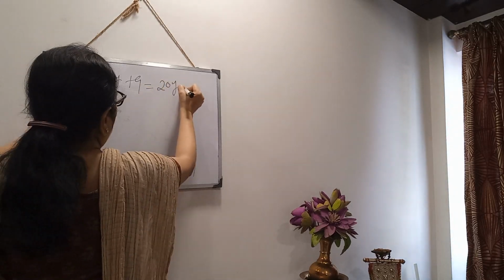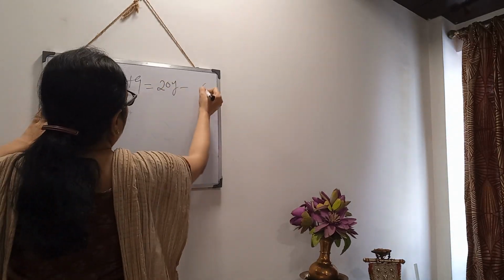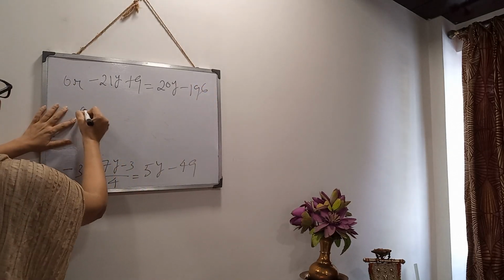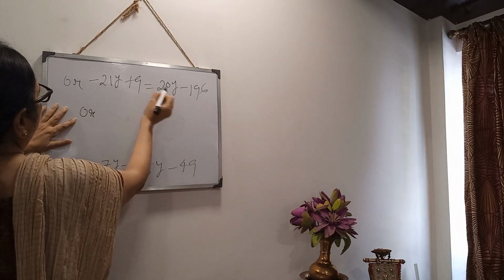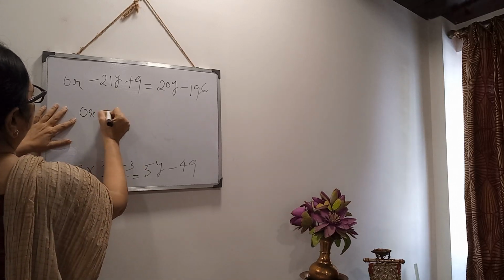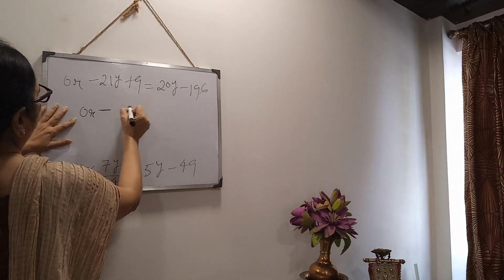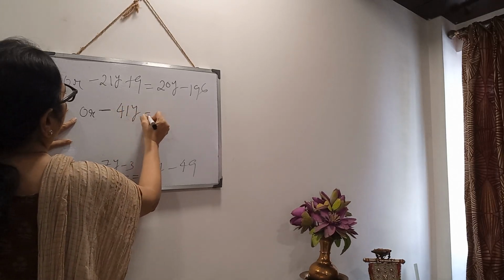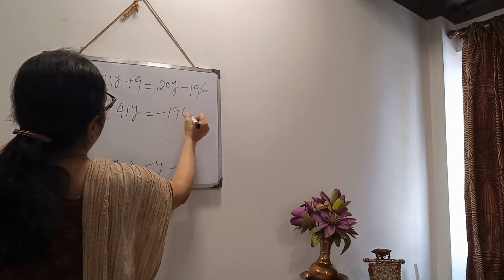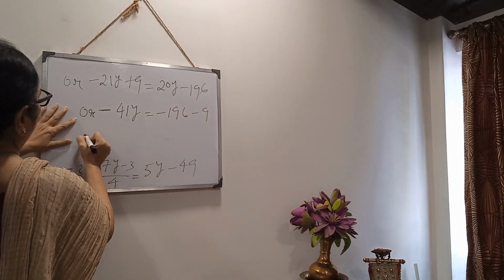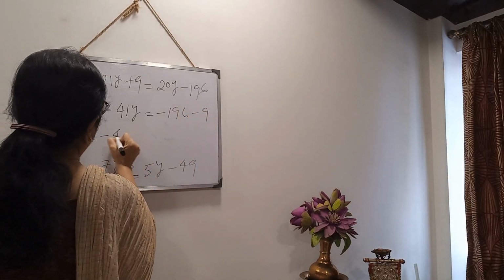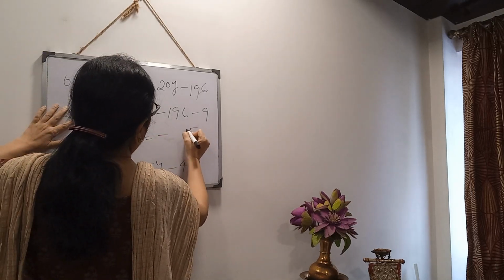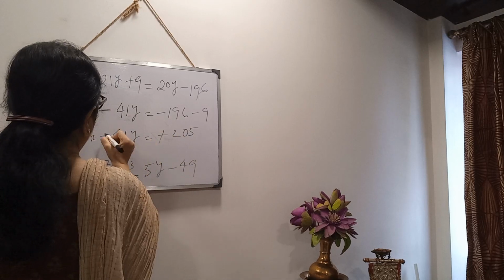20y minus 196, this being left hand side, both are negative. So minus 41y equals to minus 196 minus 9, or 205.